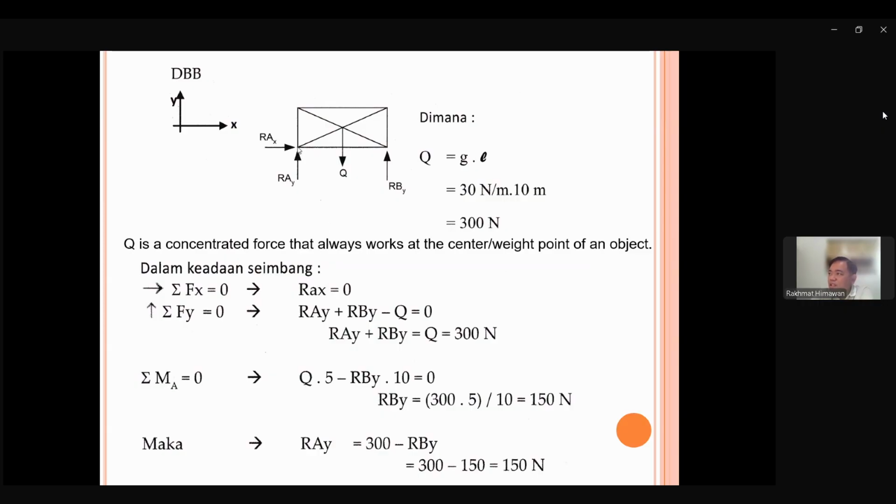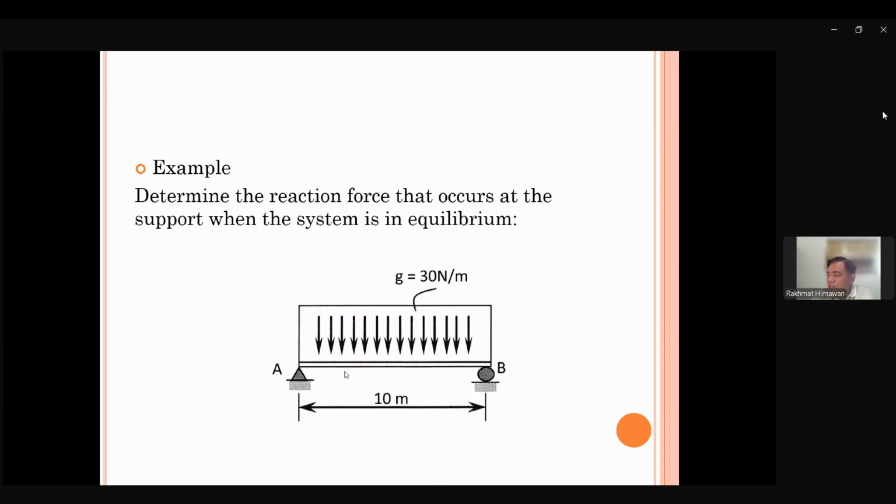Again, we use the point that has the most reaction force, which is point A. Based on this, we have Q going down, which has clockwise direction to point A. Since Q is exactly in the middle, the distance to point A is 5 meters.